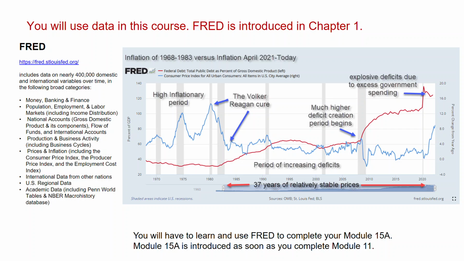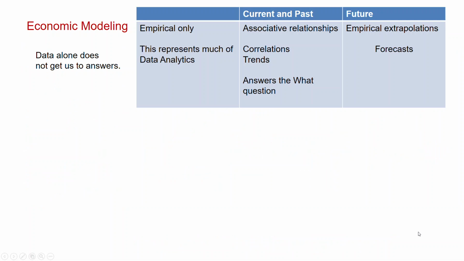Now, when we model, data alone will not get us to the answers. So if we only have an empirical model, which sadly is much of what data analytics is all about, and depending upon how you get that data analytics or what people are asking for, sometimes the only question the boss knows to ask for is, take this data and tell me what it says, right?